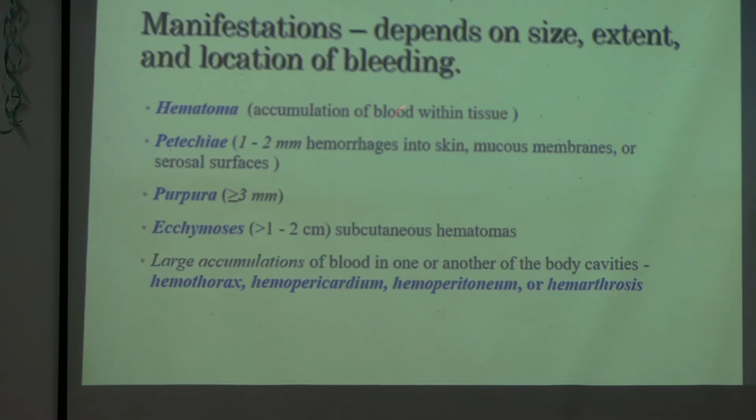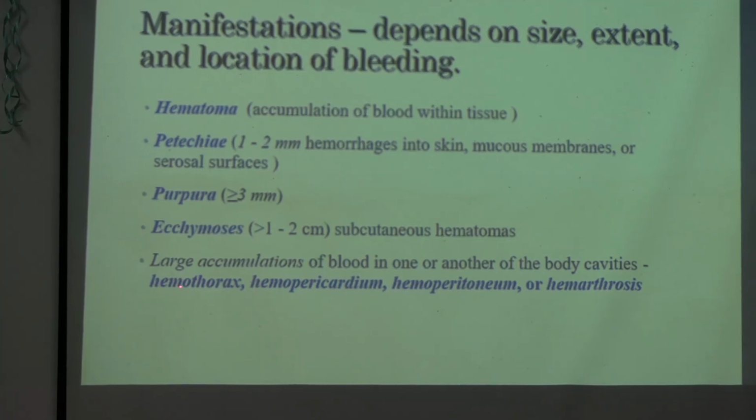This is again important, you have to know the terms. Hematoma means accumulation of blood within the tissue. When the hemorrhages have a diameter of only 1 to 2 mm, they are known as petechiae. Purpura is more than 3 mm. Ecchymosis is more than 1 to 2 centimeter. And just like edema, we can also have hemorrhage in different body cavities, namely hemothorax, hemopericardium, hemoperitoneum and hemarthrosis.